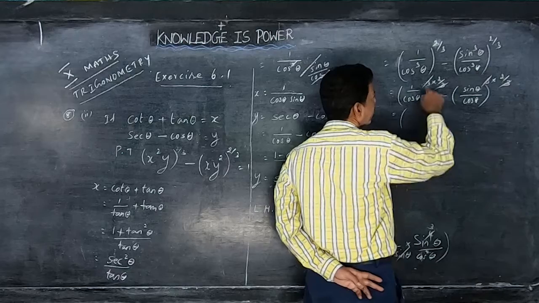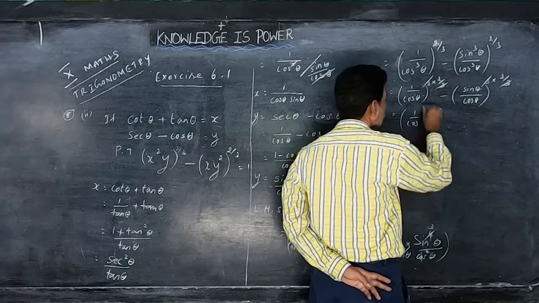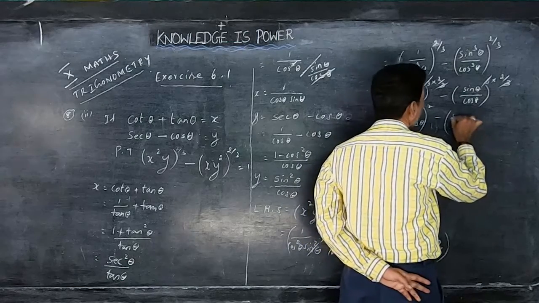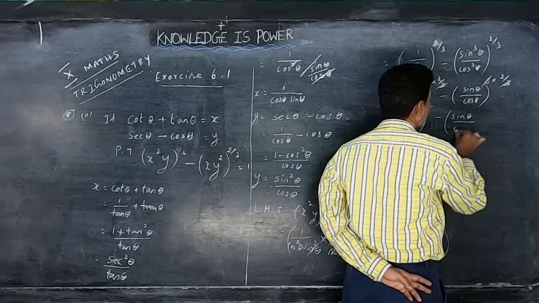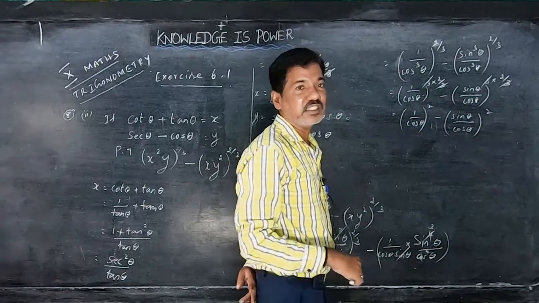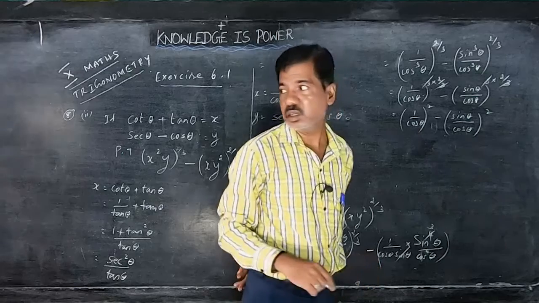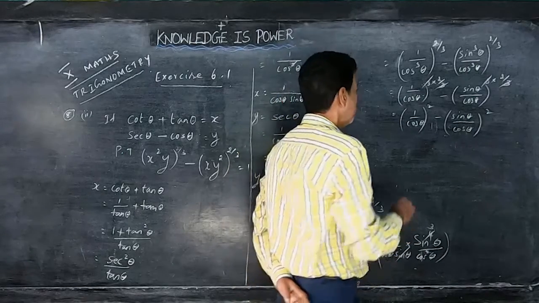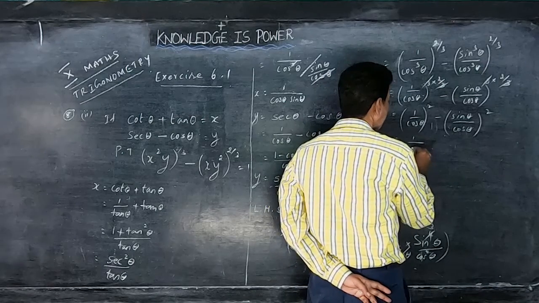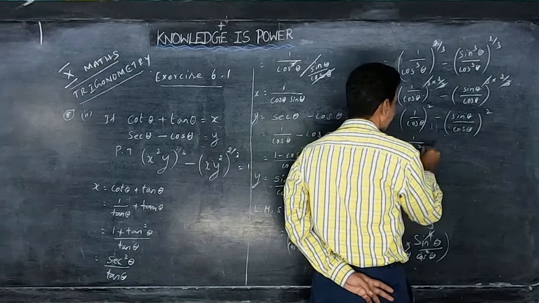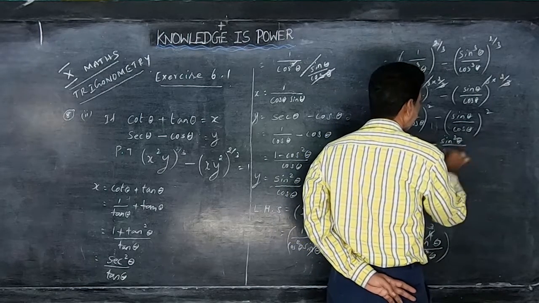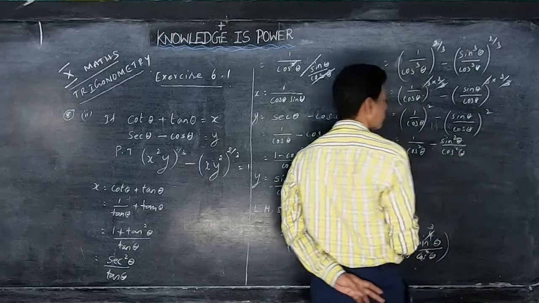What remains here? Tell me. What remains is 1 by cos theta whole square minus sin theta by cos theta whole square, because the 3 has cancelled. Can you follow this? So we get 1 by cos square theta minus sin square theta by cos square theta.